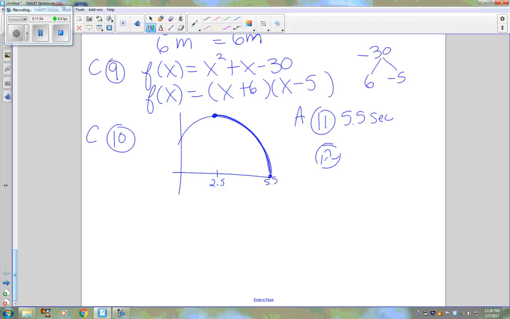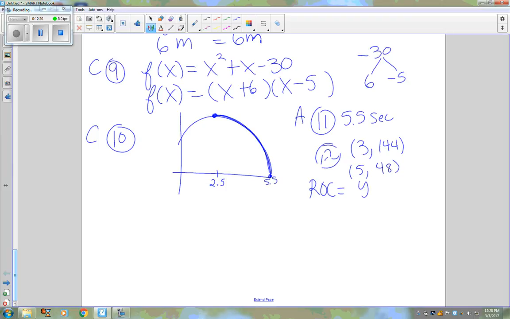It says calculate the average rate of change over the interval from 3 to 5. So you need to look at your graph and pick up the ordered pair at 3, the y value that matches 3. So look at your graph. 3 matches 144, and 5 matches 48. Rate of change is your slope.